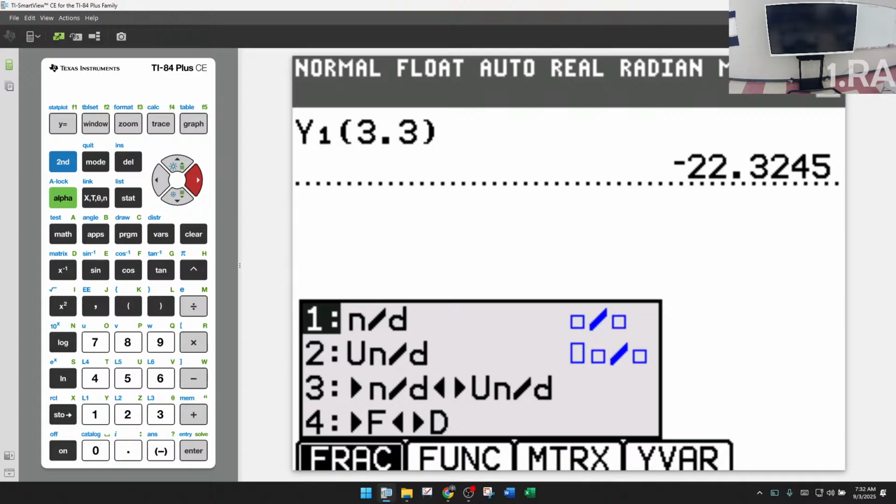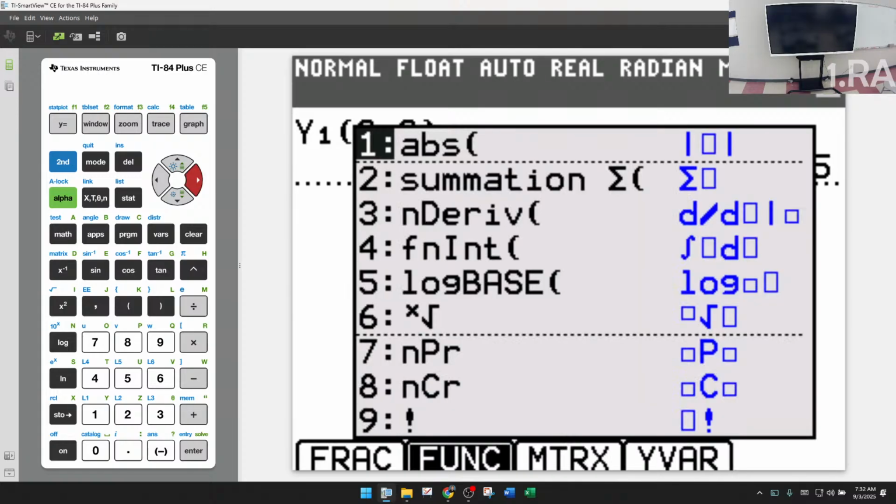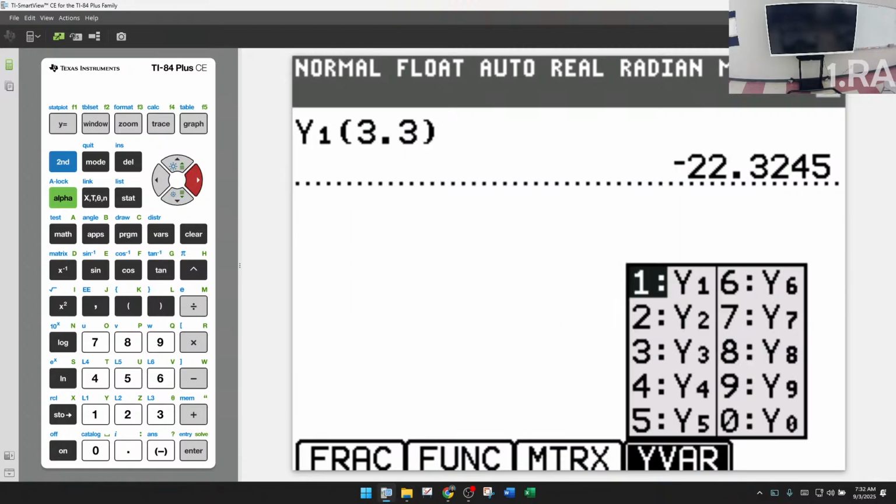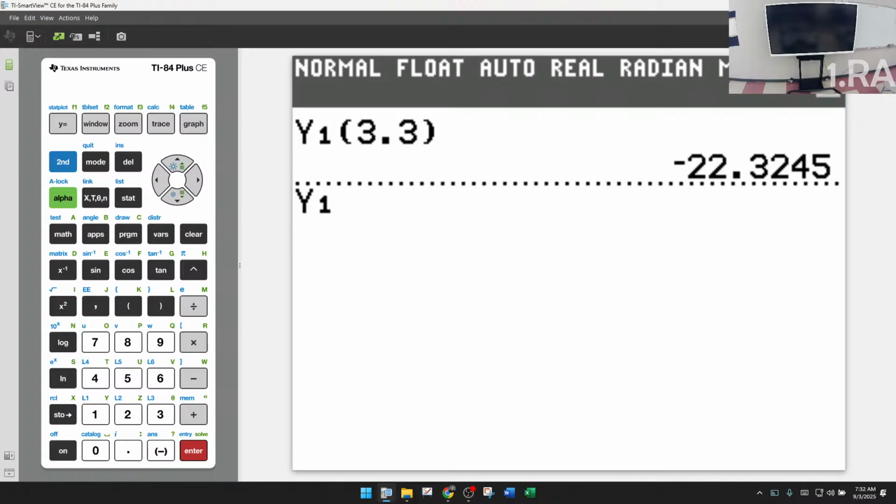There's functions, matrix. We won't do matrix. So there's the y bars. Sorry, I didn't go over the y bars. It just stays up there. 5.8.